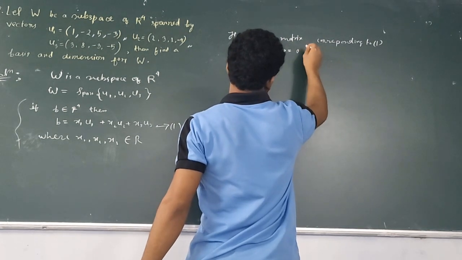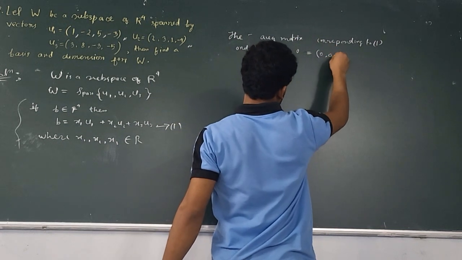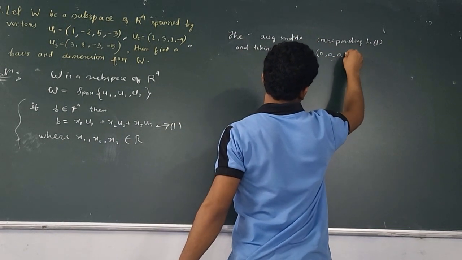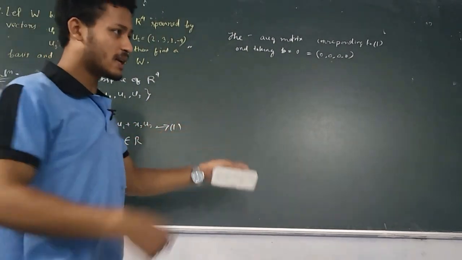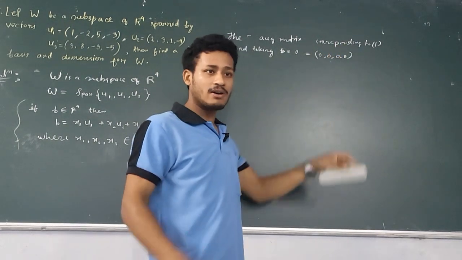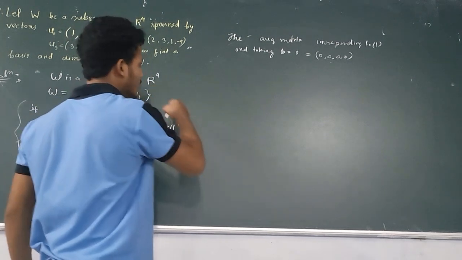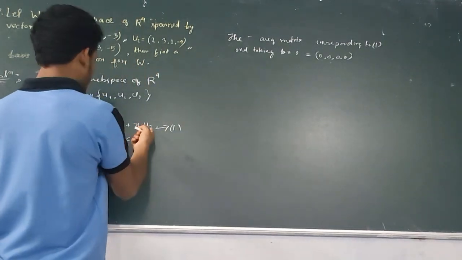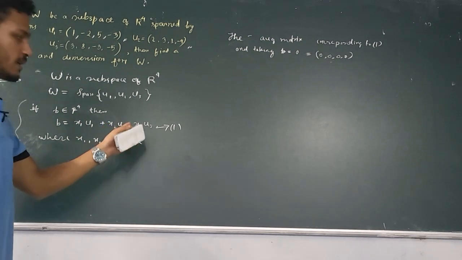And 0 in R4, since B is in R4, can be written as 0, 0, 0, 0. We are doing this to simplify our calculation. When we take B equal to B1, B2, B3, B4, our calculation was very tough. So we have to check whether these three vectors are linearly independent, or how many of them are linearly dependent.